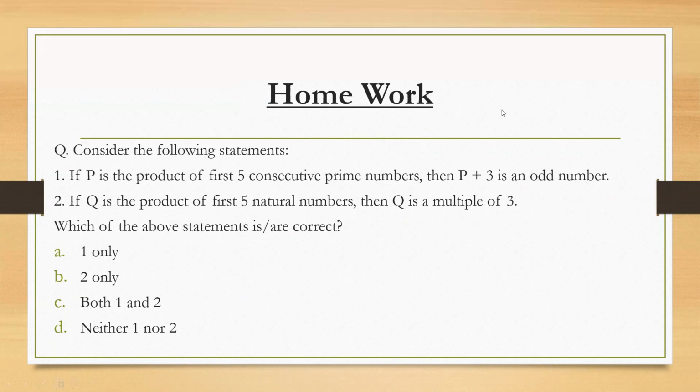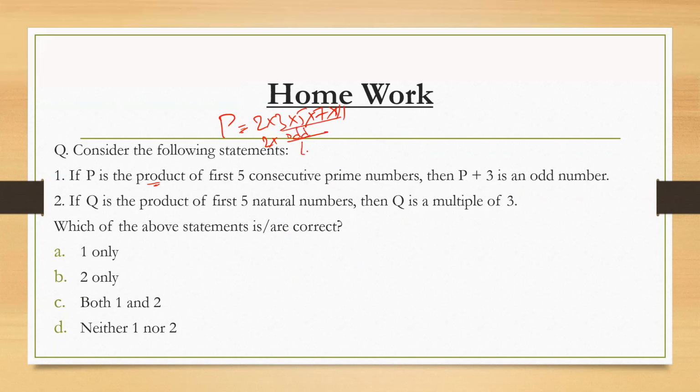Okay, so here, what is said? The first statement that we are saying: P is the product of first 5 consecutive prime numbers. First 5 we have already discussed. It is basically multiplication of 2 and the odd primes. We have learnt this aspect also, that 2 into all of this, multiplication of the odd ones, will be odd.